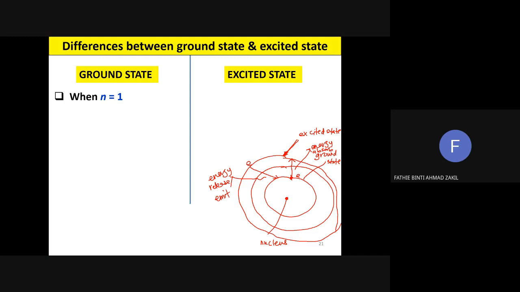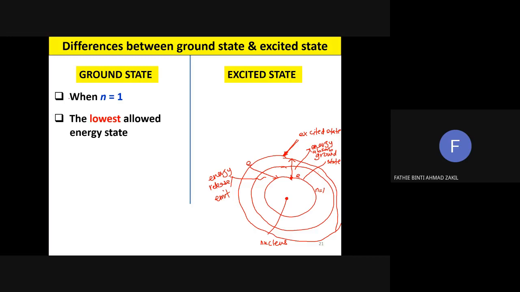Okay, so tadi orbital elektron yang dekat dengan nukleus kita panggil ground state. Yang paling jauh ni kita panggil excited state. So kita boleh bezakan tadi. Dekat ground state ni n is equal to 1.